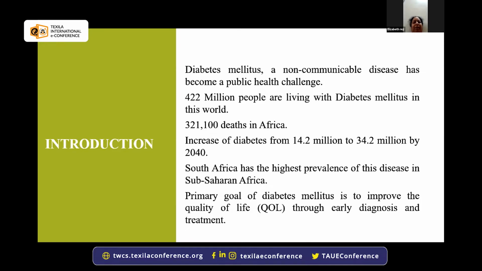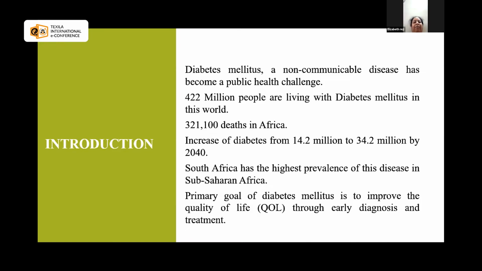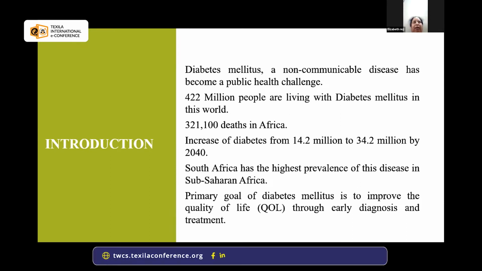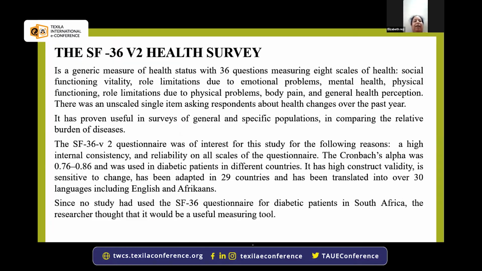There is an increase of diabetes from 14.2 million to 34.2 million by 2040. South Africa has the highest prevalence of this disease in sub-Saharan Africa. The primary goal in diabetes mellitus is to improve the quality of life through early detection or diagnosis and treatment.